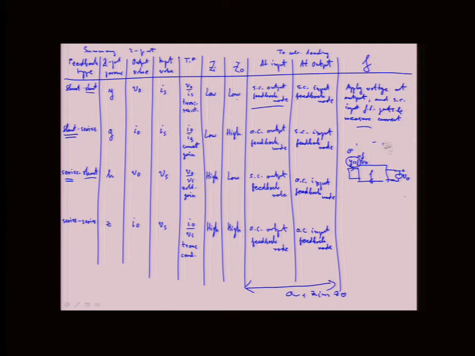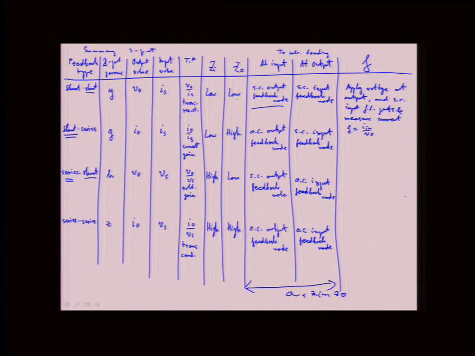Oh, we should have had 2 pages for this. We did draw this in the last lecture for at least one type of feedback in terms of blocks, how you do it. And then F is I in over V out, right?